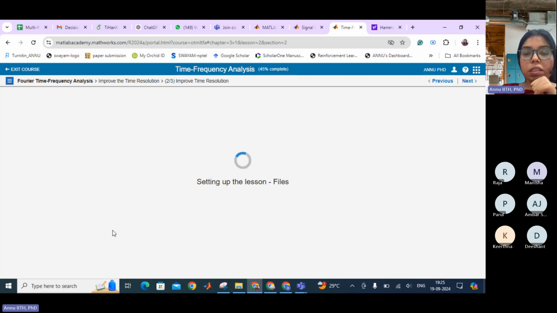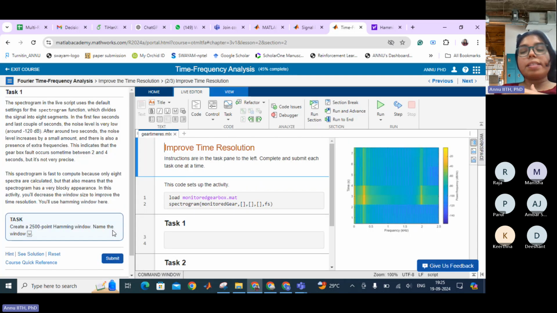So we already saw the spectrogram analysis, which is different from the power spectrum analysis. The spectrogram in the live script uses the default settings of the spectrogram function, which divides the signal into segments. In the first few segments and the last couple of seconds, the noise level is very low, around minus 120 dB.